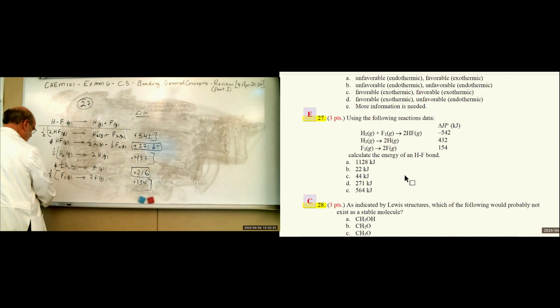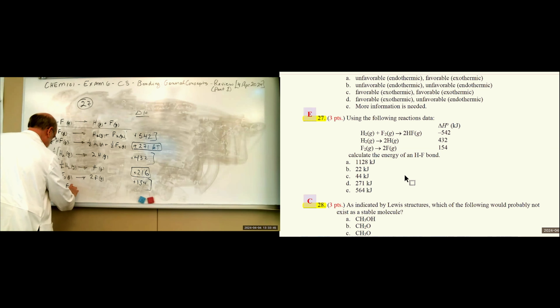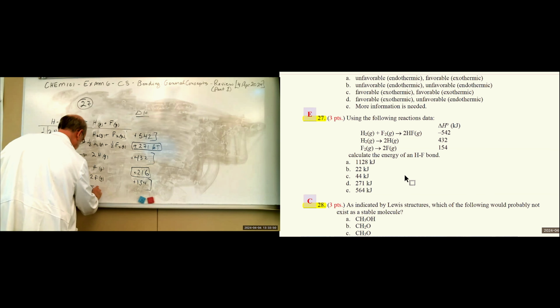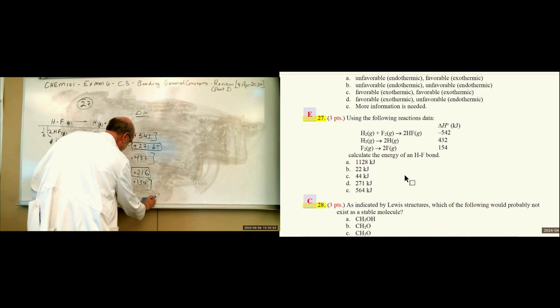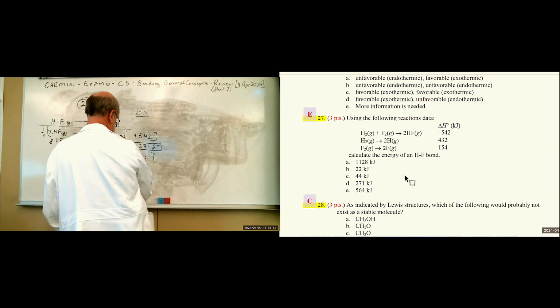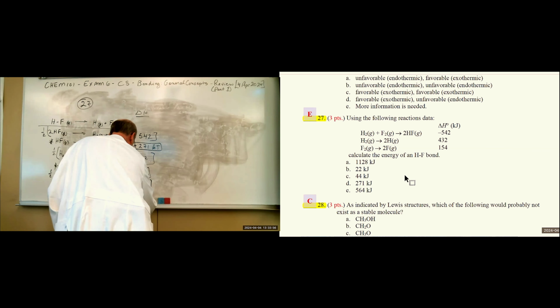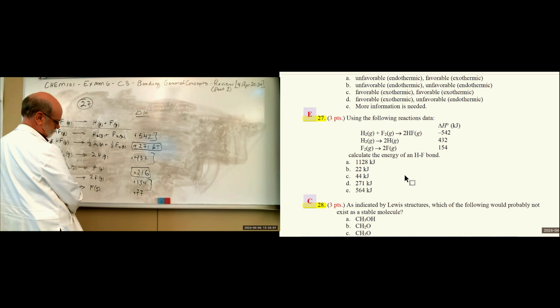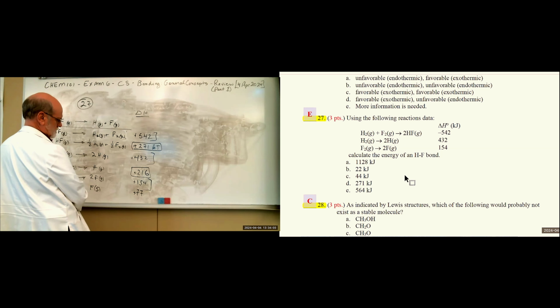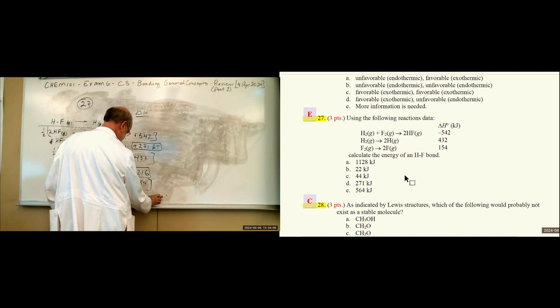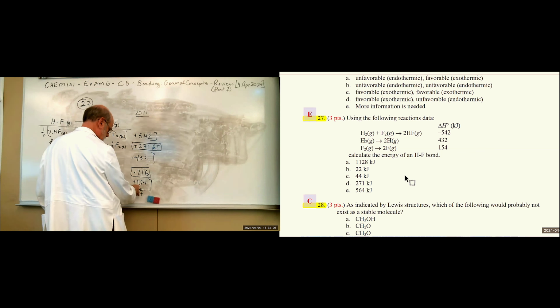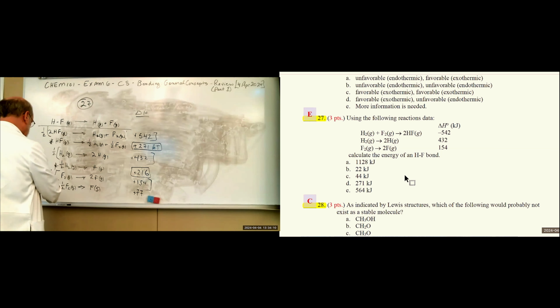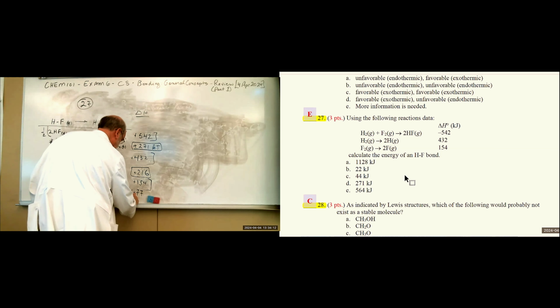So if we do 1/2 of that, we get 1/2 F2 equals the single F gas, and then 1/2 of this value, which is 77. Nope. No, that's not right. 7, 7 is 14 plus 1. Yeah, that here. Okay. So we're using this one and this value.